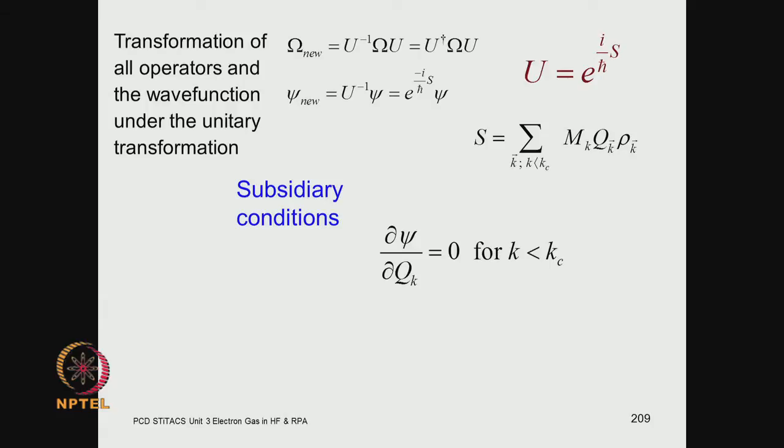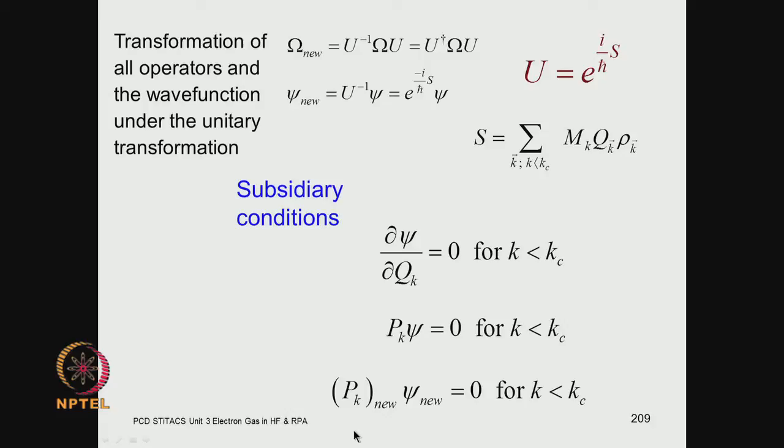This means that the derivative of the wave function with respect to the new, auxiliary coordinates vanishes, which means that the momentum operator operating on this wave function would vanish, because the momentum is nothing but minus i h-cross del over del q. It also means that this relation, which is the result of the operation by the new momentum on the new wave function, would also go to 0.